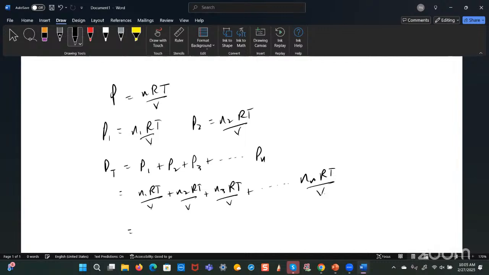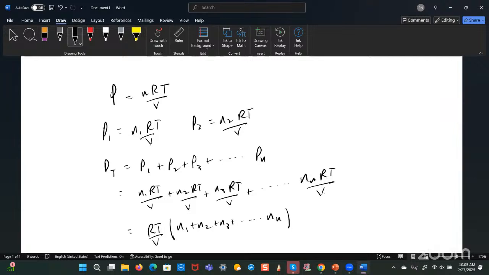And then if we factor out RT over V, that's a common factor that we can take out of each of these, you're going to end up with RT over V times n1 plus n2 plus n3, and so on to nn, right?